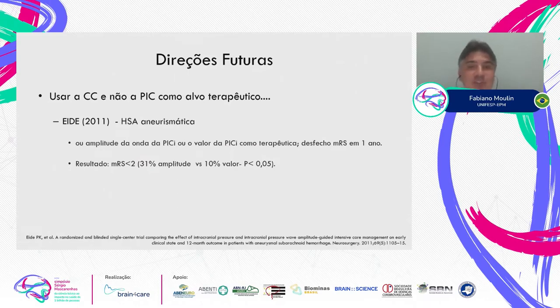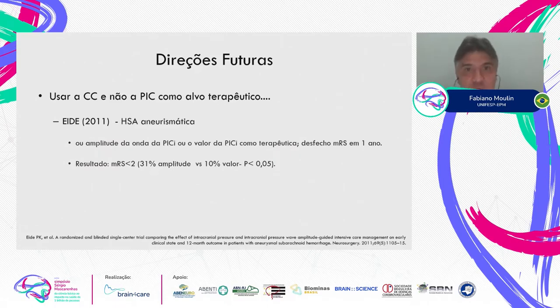Now, thinking about the future, how can we expand based on the results from my dissertation thesis and others that had already been conducted? As a group of researchers, considering that treating ICP in randomized trials does not show benefits of invasive monitoring, one of the criticisms seems that ICP is not an interesting therapeutic target.